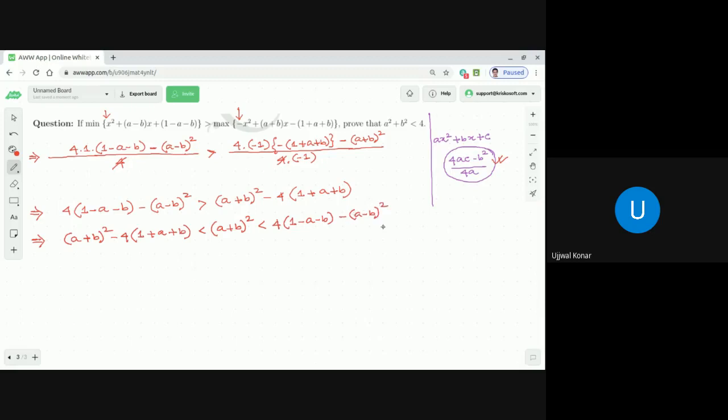Now what we are going to do, dear students, is that if you make a simplification, you will get 8 is greater than 2 into (a square plus b square).